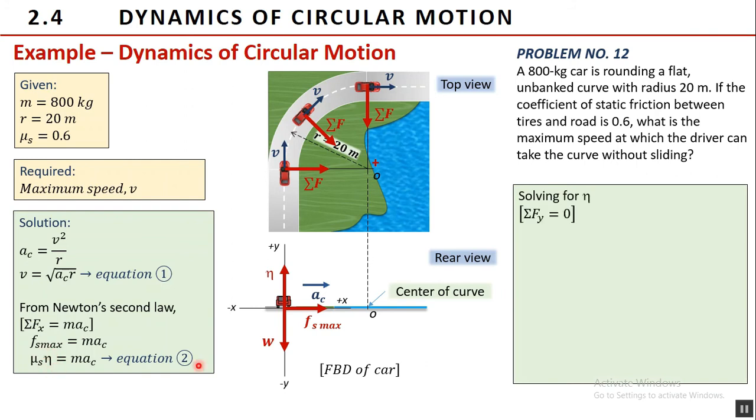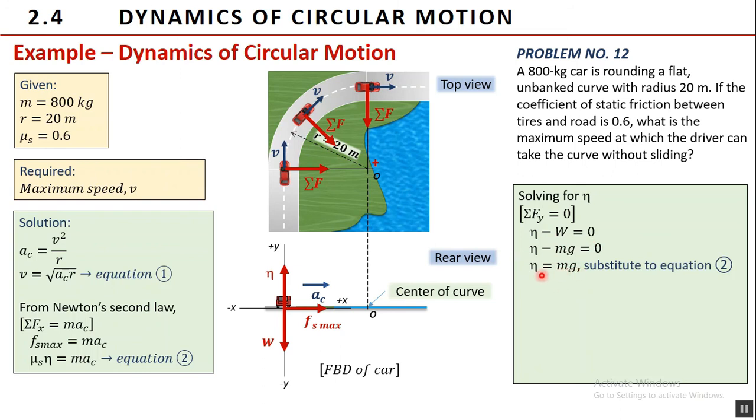Now let us consider the summation of forces along the y-axis to be 0, since there is no motion along the y-axis. From the FBD, the forces along the y-axis are normal force minus weight, so this is equal to 0. But weight is mass times g. Then we transpose, therefore normal force is m times g.